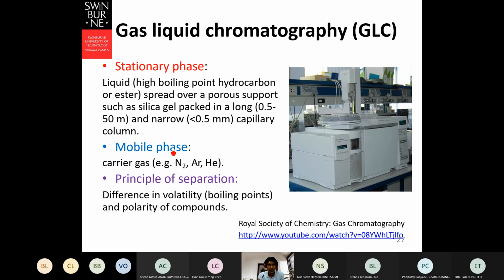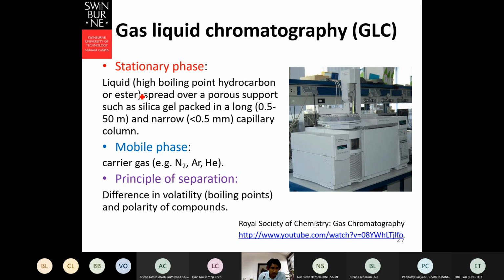The scientists saw that this column chromatography is just half a meter long. If we make it 20 meters, then what will happen? From that idea, gas chromatography technology came. Gas chromatography or HPLC, we are going to see.